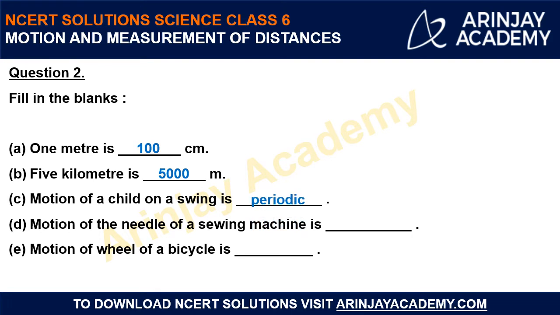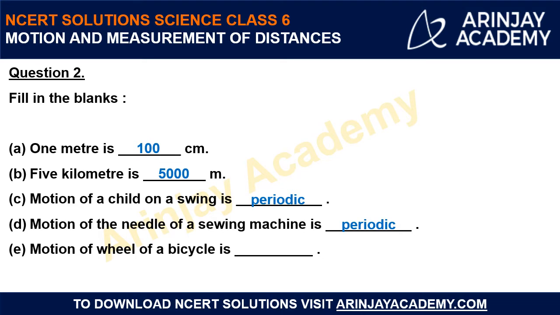Fine. The next statement is motion of the needle of a sewing machine is. So again this is a periodic motion. Can you answer why? Because a needle which is attached to the sewing machine moves up and down forming a stitch. So such a motion again repeats itself after some time and that kind of motion is termed as periodic.